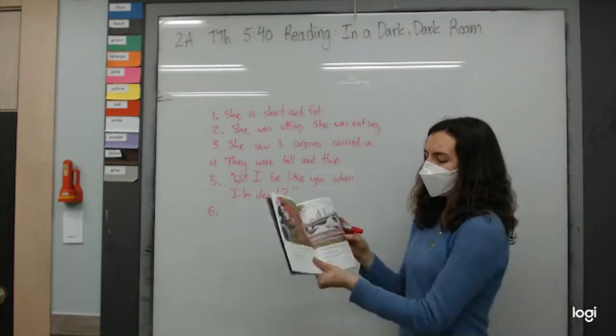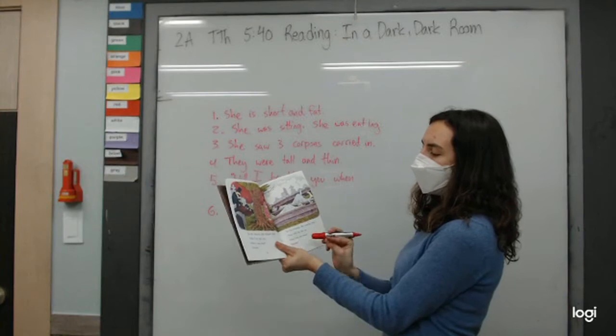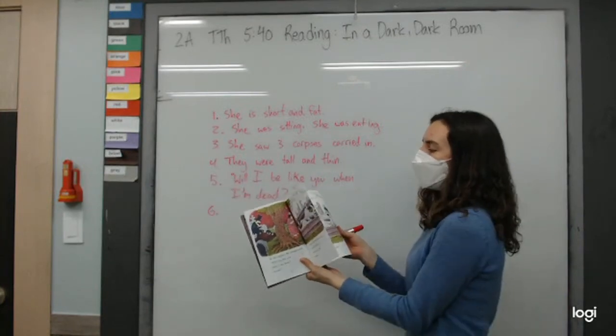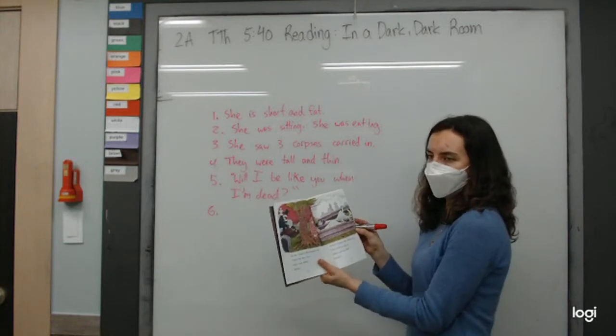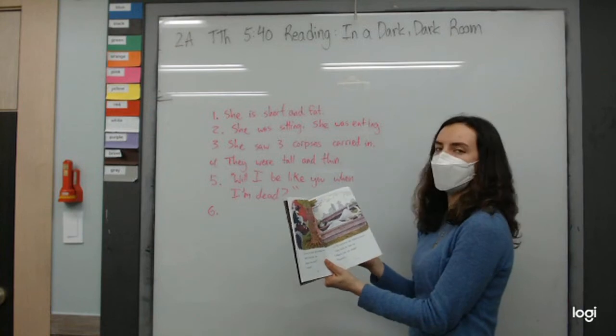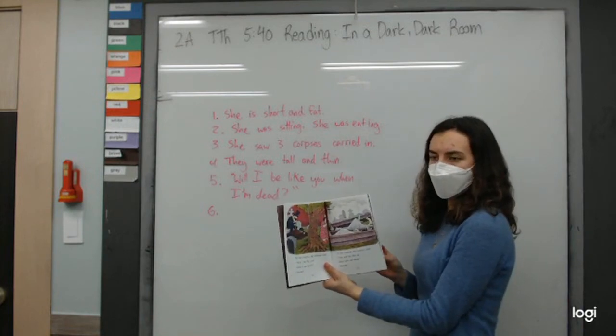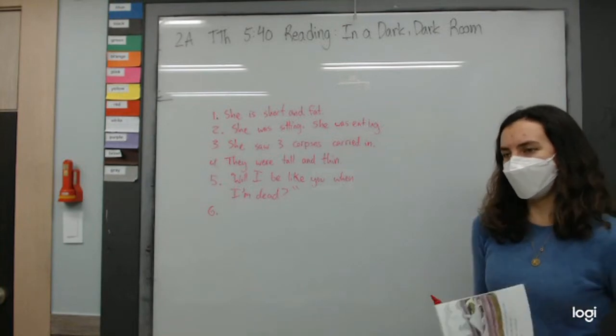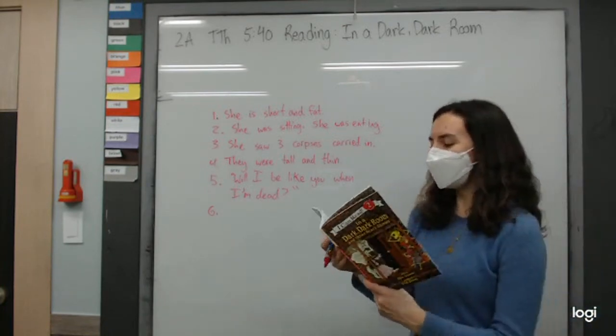Yeah, so the corpses on page 21, they said to the woman, you will be like us when you are dead. So this is very scary. And why is it scary? What kind of people are the corpses? Are they alive people? No, they are dead people. Do dead people normally talk? No, dead people don't normally talk.